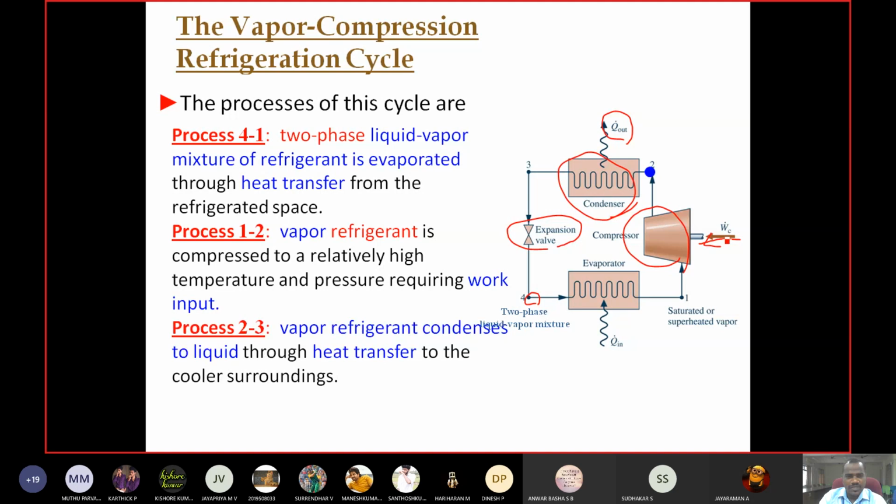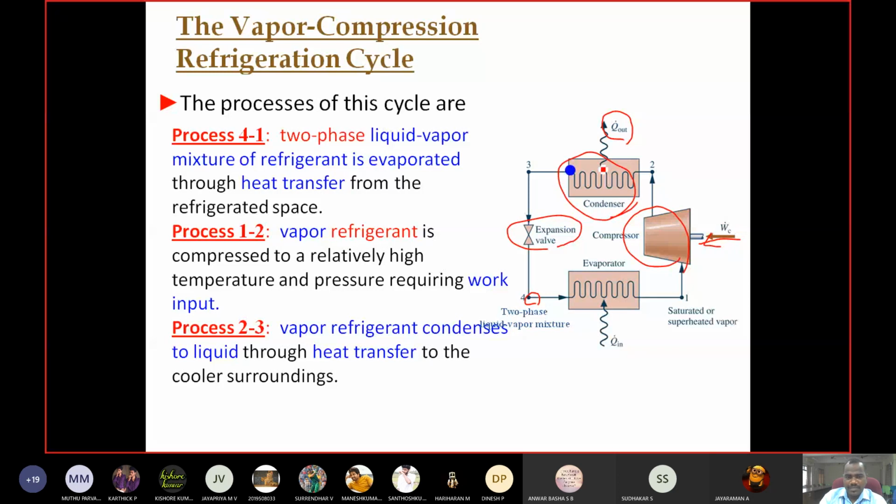In process 2 to 3, the vapor refrigerant condenses to liquid through heat transfer to the cooling surroundings. This is high temperature saturated or maybe superheated vapor. If we subject this superheated vapor to the condensation process, we get the liquid. This happens in process 2 to 3.